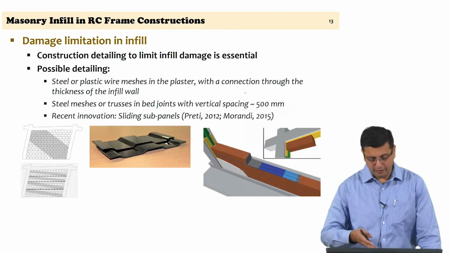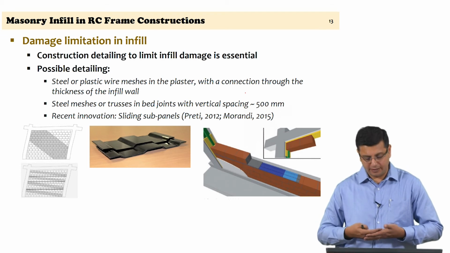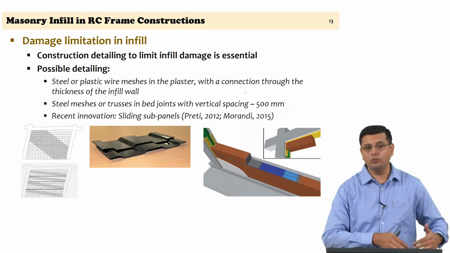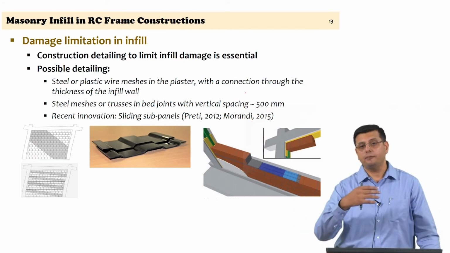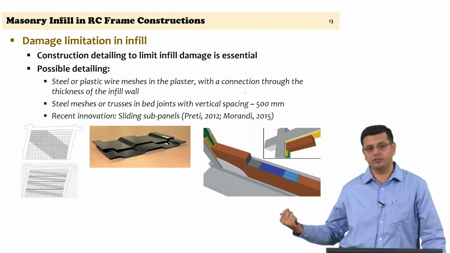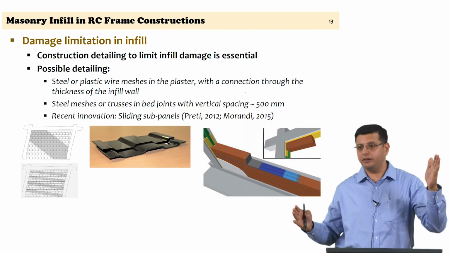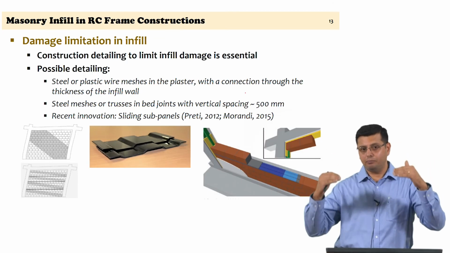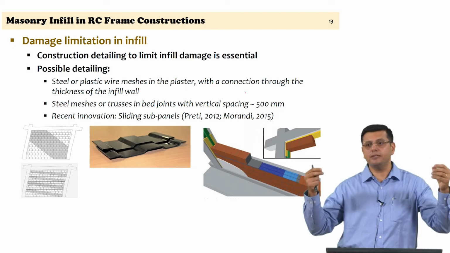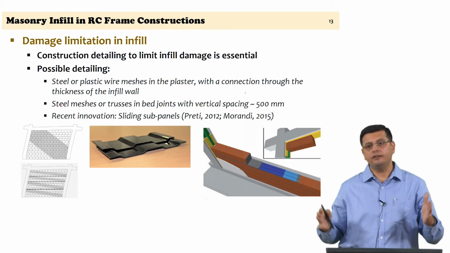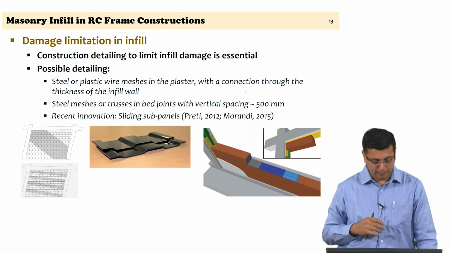This is one recent work where you actually have these sliding joints capable of dissipating some energy, but the whole idea is to work on sub panels. You are not having that large masonry panel which transfers significant forces to the contact pressures with the reinforced concrete frame. By breaking it down to sub panels, the contact points then transmit smaller pressures to the reinforced concrete frame, and thereby you protect the reinforced concrete frame as well.